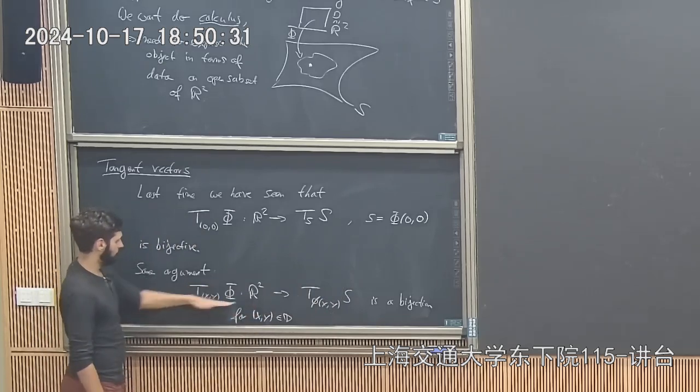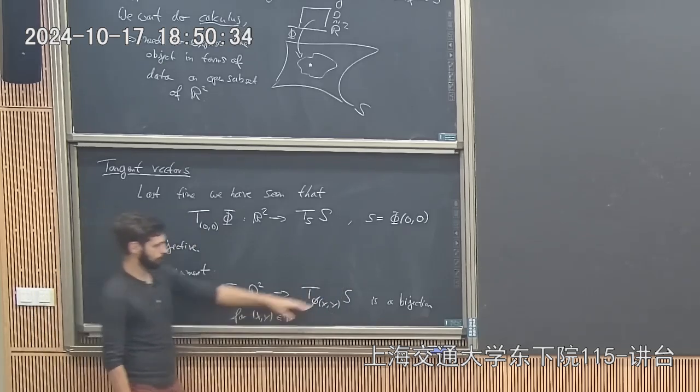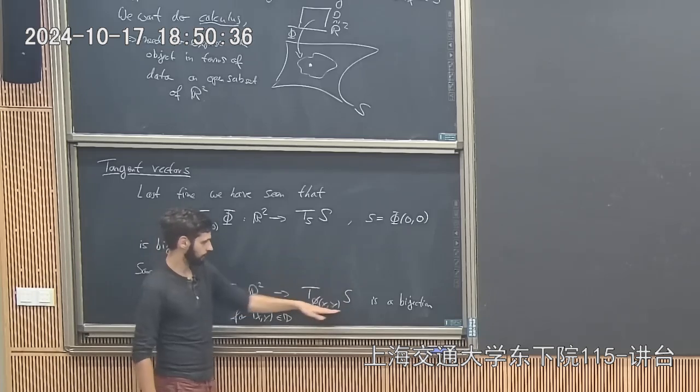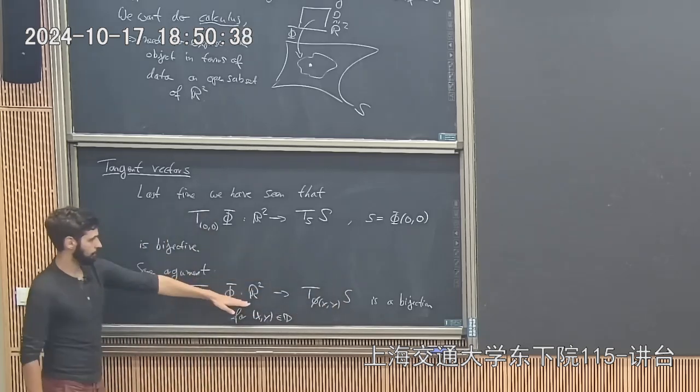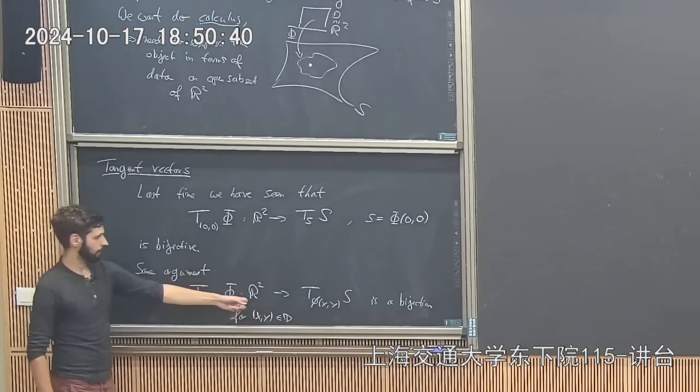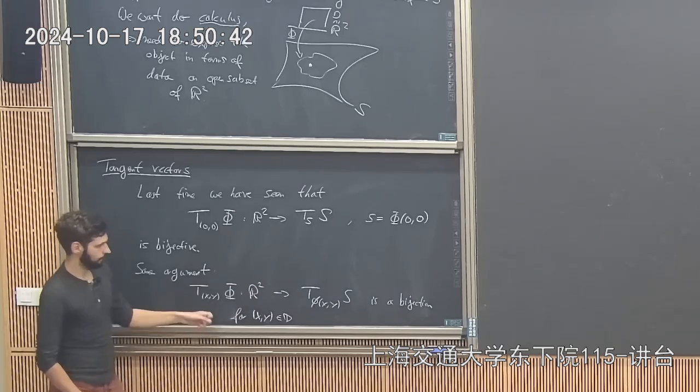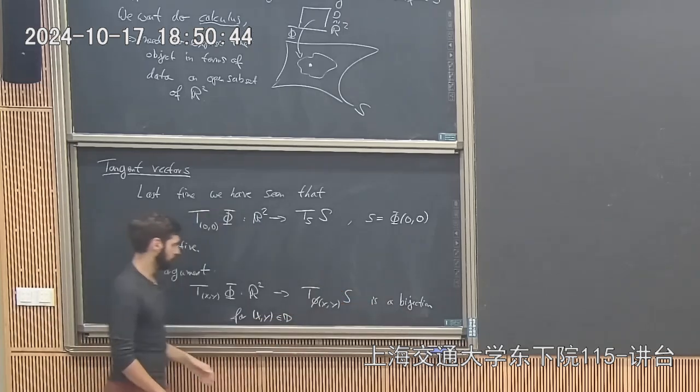So we can use that map to transfer things that live on S, namely tangent vectors, and talk about them in terms of normal vectors, because that one is a bijection.